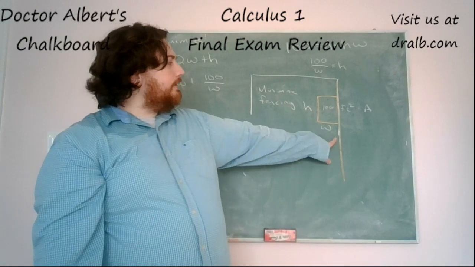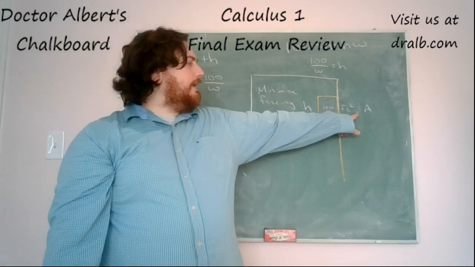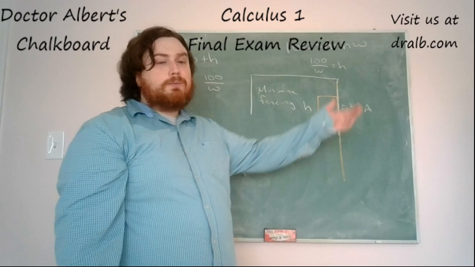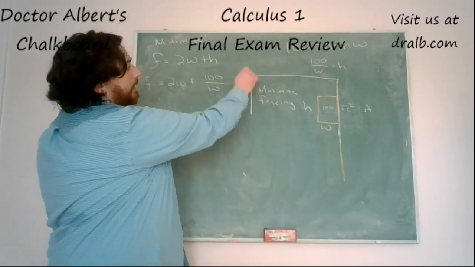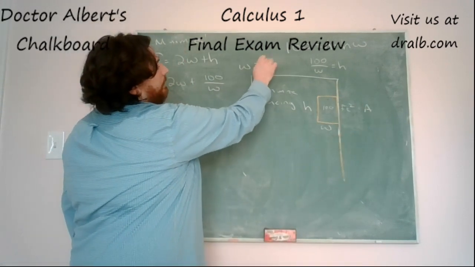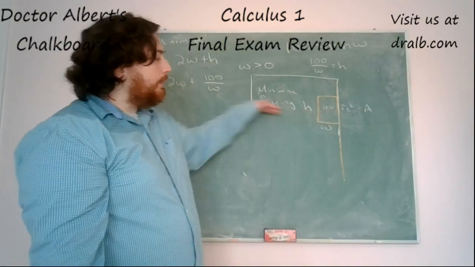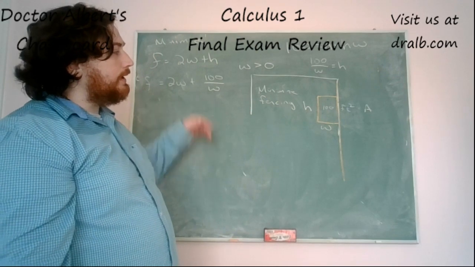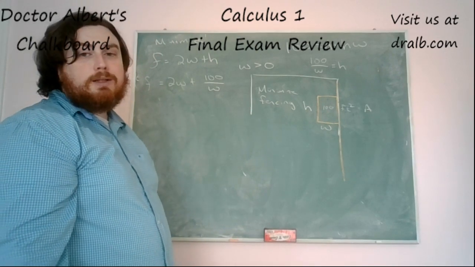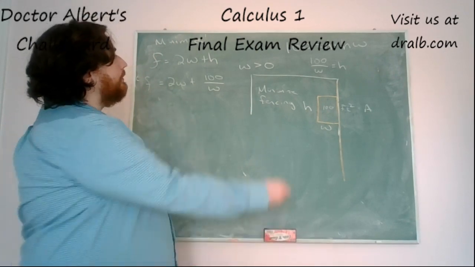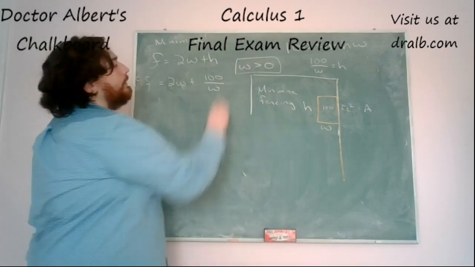So if W is 0, notice I can't have any area, so I can't have 100 square feet of area. So actually what I have to have in this case is W has to be strictly greater than 0. On the other hand, I can actually let W get as big as I want, because I can keep letting H get smaller to keep my area at 100. So the domain for this one is just W is greater than 0.